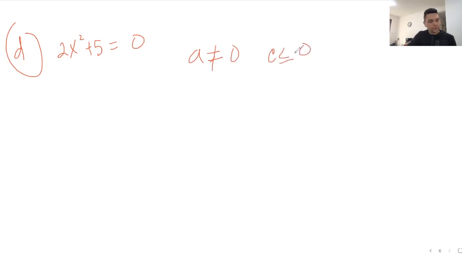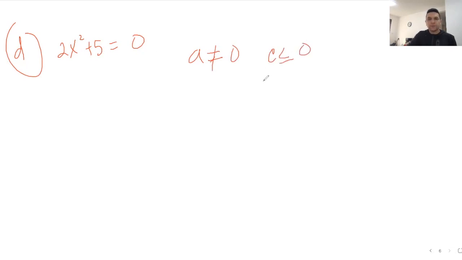Okay, the next one: 2x squared plus 5 equals 0. And now remember that a cannot equal 0, and c must be less than or equal to 0.